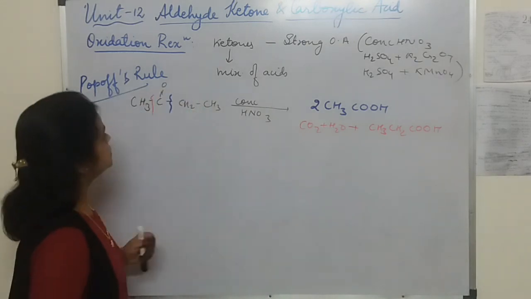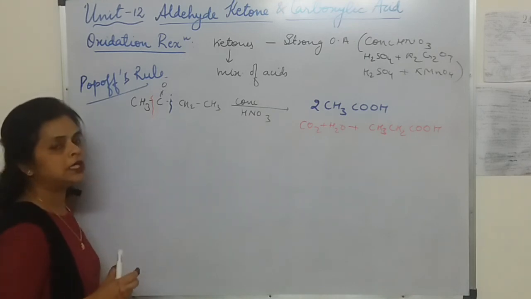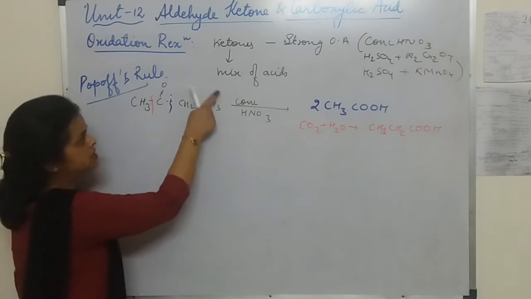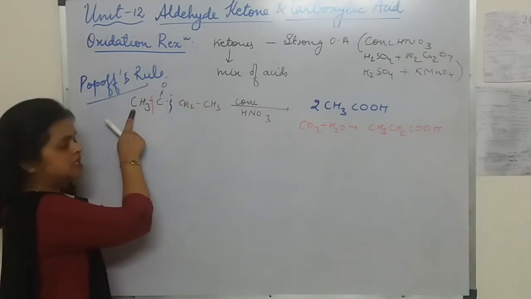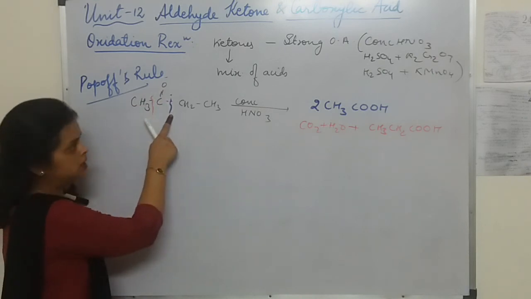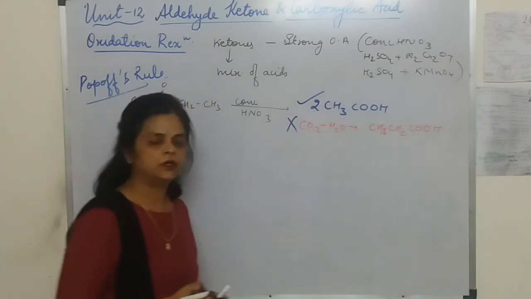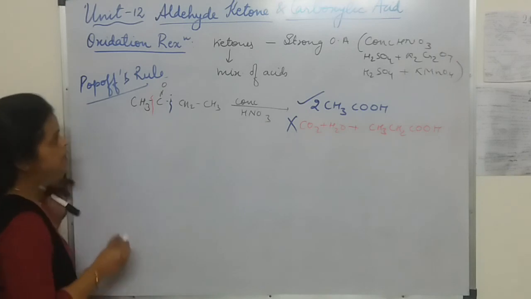Now, what does this rule say? That the carbonyl group stays with the smaller alkyl part. This is the alkyl part having 1 carbon. This is the alkyl part having 2 carbons. So the carbonyl group stays with the smaller alkyl group, the cleavage takes place from here, and the product formed will be this one and not this one. So according to Popov's rule, students, you can decide the product.